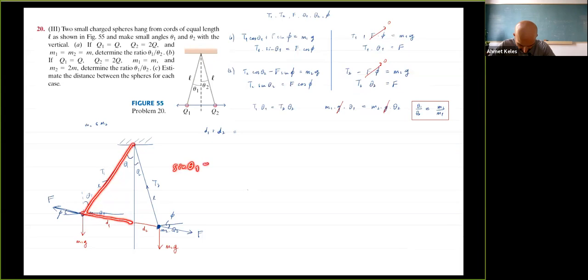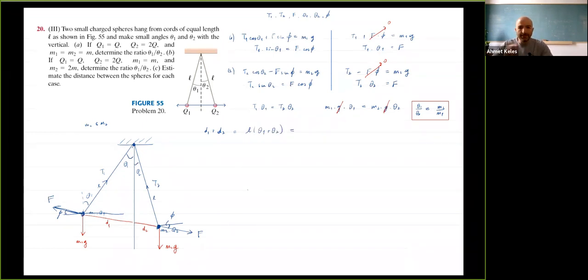So theta 1 is approximately d1 over L for small angles. I can write the same thing for the other one. Then d1 is approximately theta 1 times L. So d1 plus d2 is equal to L times theta 1 plus theta 2.